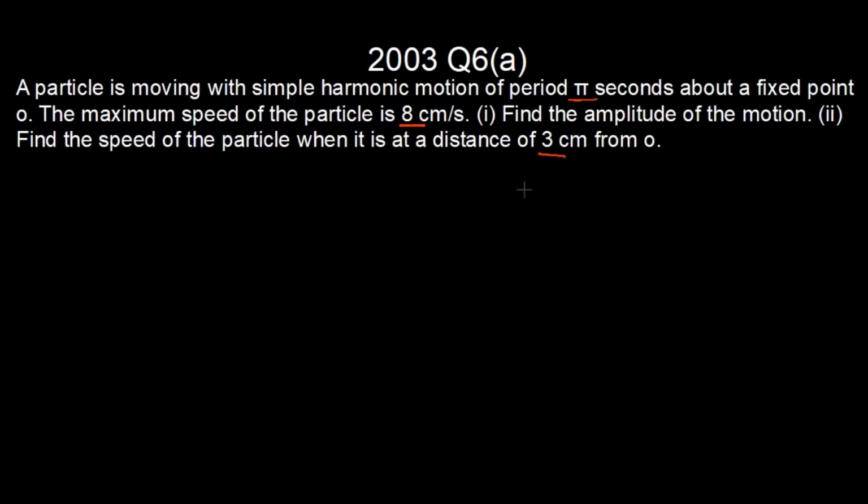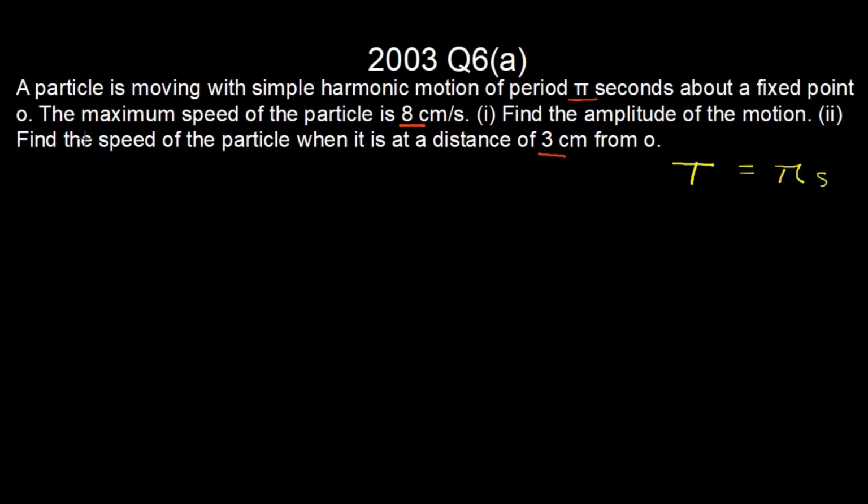Okay, so first, I'm going to look at the information that they gave me. They told me the period is pi seconds, so period is denoted with T. So I know T is equal to pi.